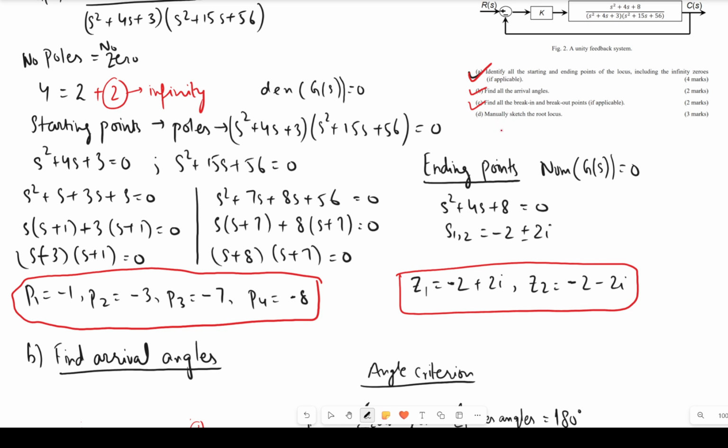For that, we need to consider two additional values. One is sigma, which we also call the centroid, and the other is theta k, which is the angle of asymptote.